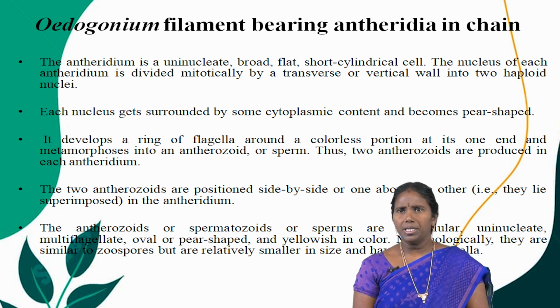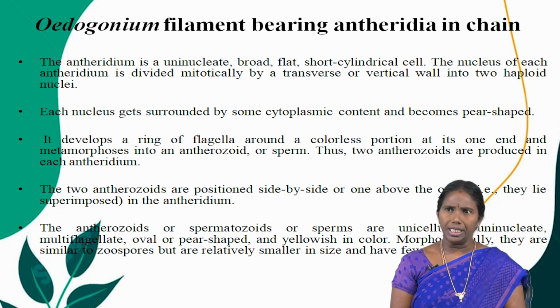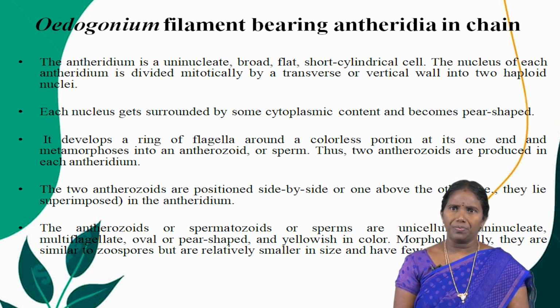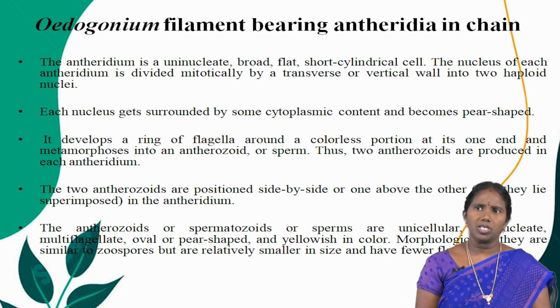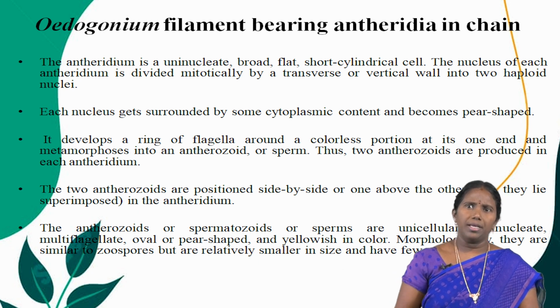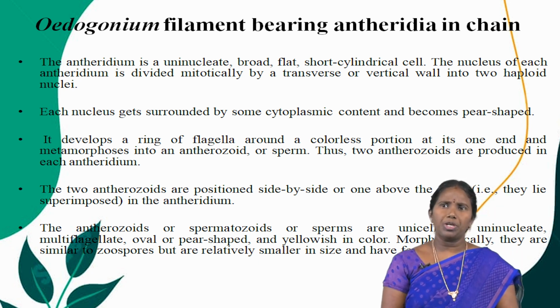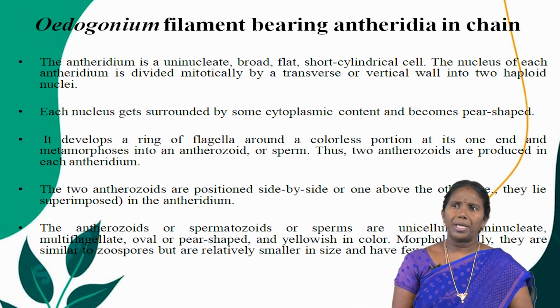The antheridium is a uninucleate, broad, flat, short cylindrical cell. The nucleus of each antheridium is divided by a transverse or vertical wall into haploid nuclei. Each nucleus gets surrounded by some cytoplasmic content and becomes pear shaped.